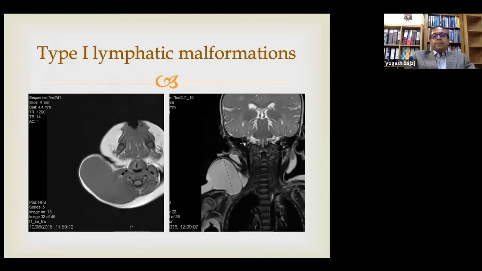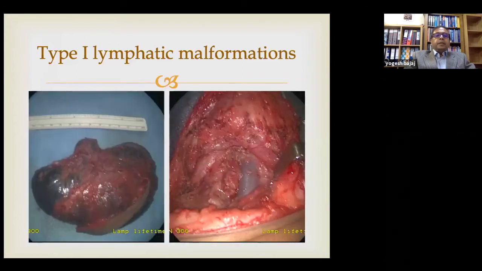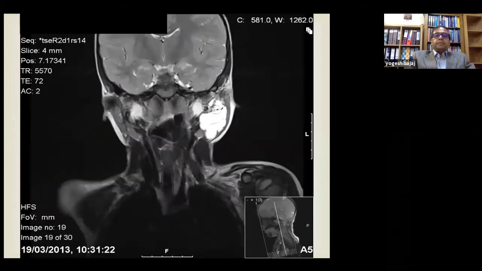But again, good results surgically. These are some surgical photographs of the same child, and you can see there has been some bleeding, and hence it looks bluish in appearance. Large swelling, and ultimately good end results.